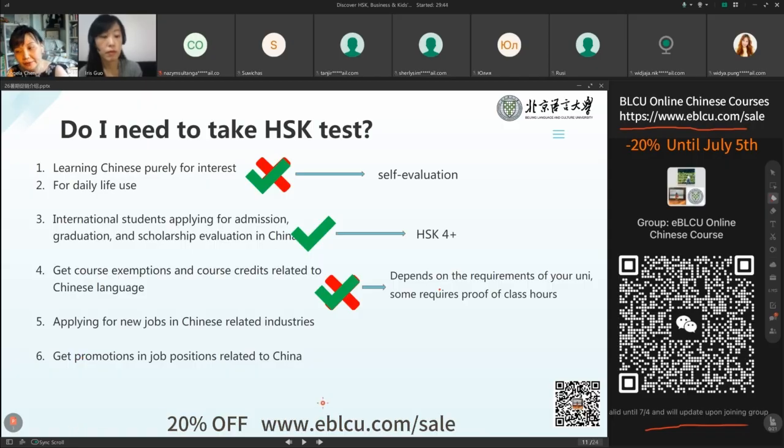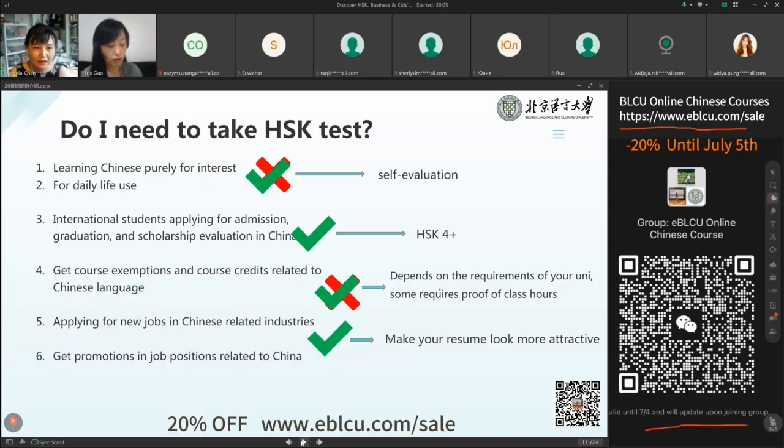And number 5, if you want to apply for new jobs in China that are related to industries using Chinese, I would say a yes. So if you have an HSK certificate when you're looking for a new job, that will make your resume look more attractive.